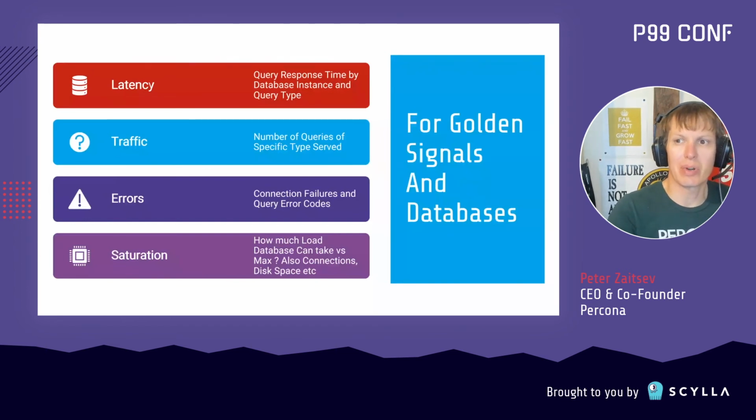Latency corresponds to query response time by database instance or by query type, by user. Some of the graphs I just showed you a couple of minutes ago. In terms of traffic, that is inflow, number of queries of specific type served. Errors would correspond to connection failures and query error codes.